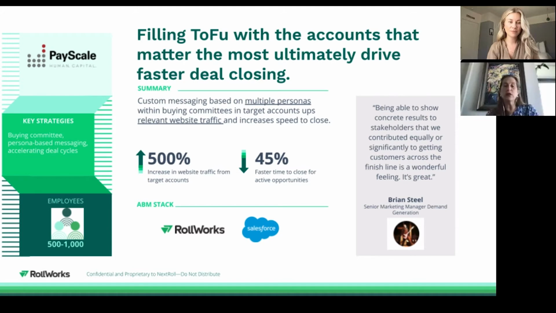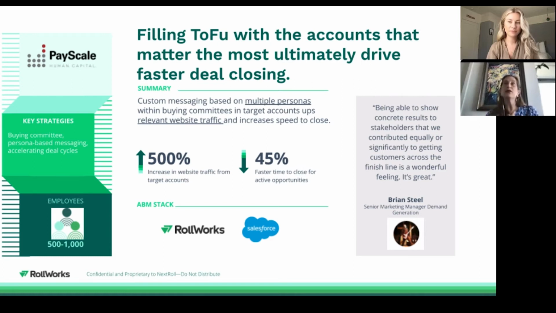Okay, so going from sort of top of funnel to middle of funnel, what are some of the keys we see where ABM strategies can work? So our company PayScale here that we're talking about has a product where they're selling to a fairly broad buying committee. And what we've seen with ABM is it's not just making sure that you're targeting the account, but that you're hitting the right personas in the accounts.